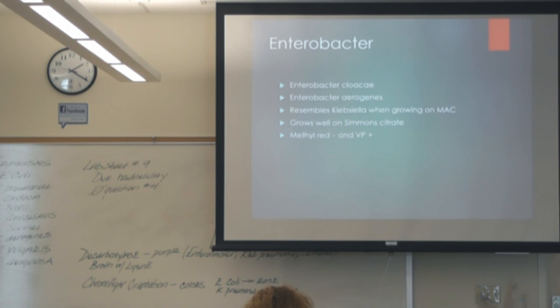It says that it resembles Klebsiella when it grows on a MAC plate. Maybe Oxytoca does, but to me, Enterobacter isn't as mucoid as Klebsiella pneumoniae. This one also grows well on Simmons citrate, so that's going to be a problem with this and Klebsiella, okay, in terms of differentiation. It's methyl red negative and VP positive.